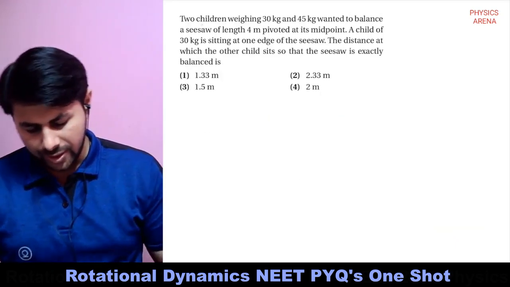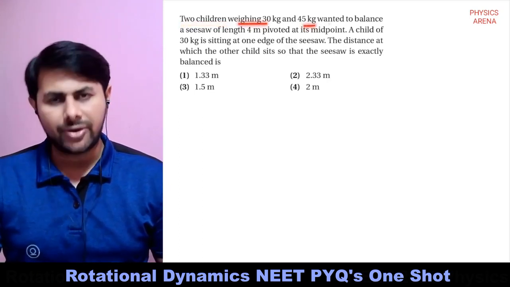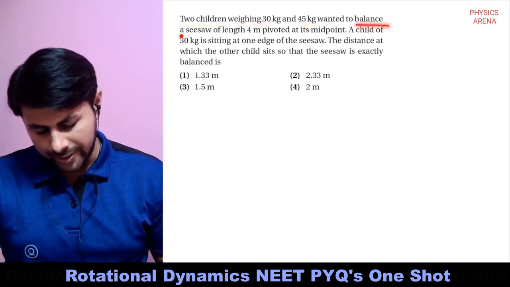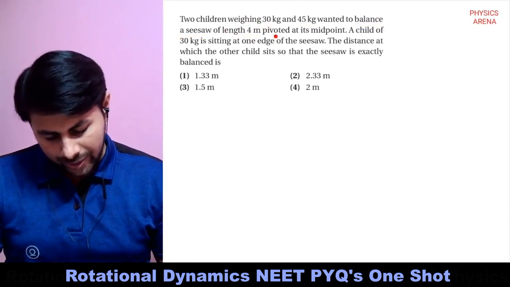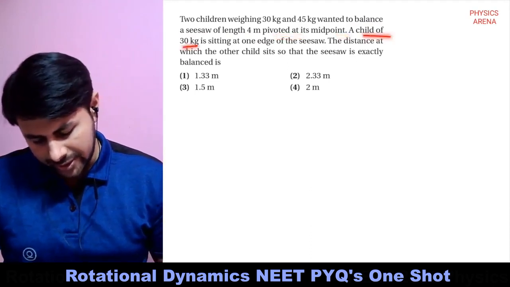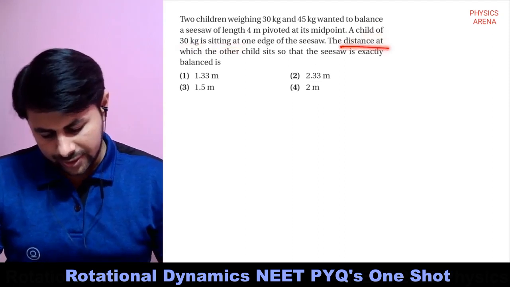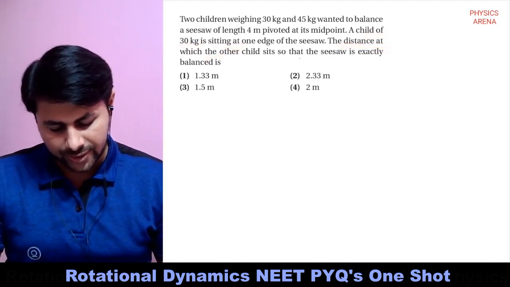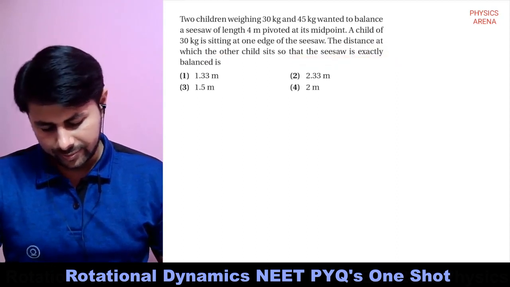Let's see another one. Two children weighing 30 kg and 45 kg wanted to balance a seesaw of length 4 meters pivoted at its midpoint. A child of 30 kg is sitting at one edge of the seesaw. The distance at which the other child sits so that the seesaw is exactly balanced is.